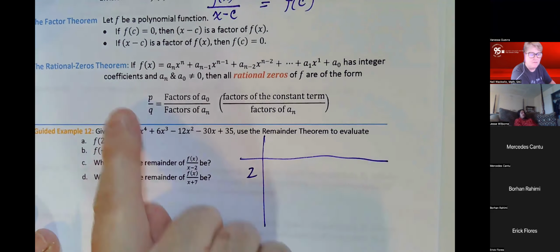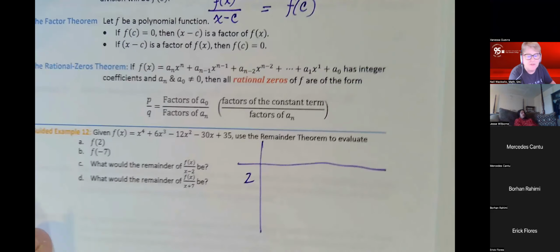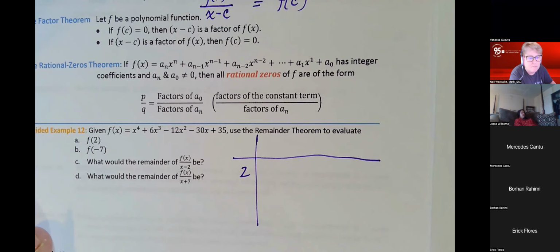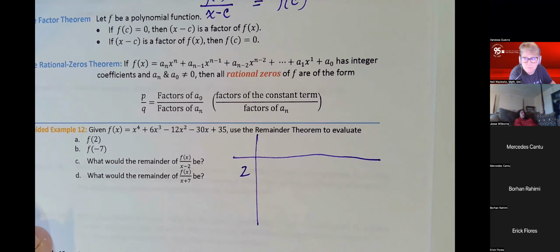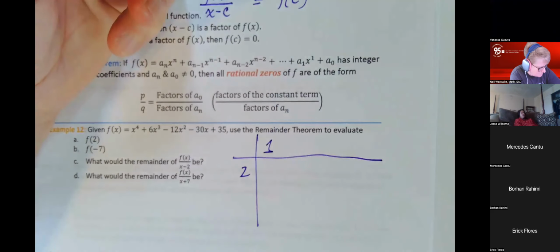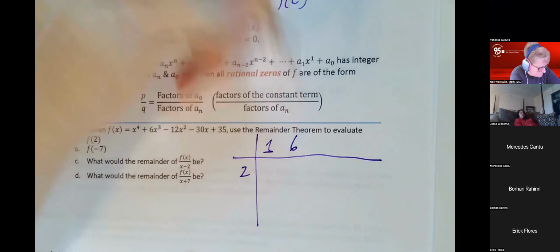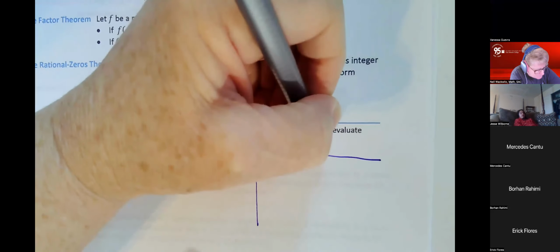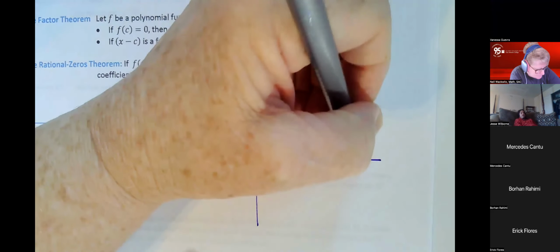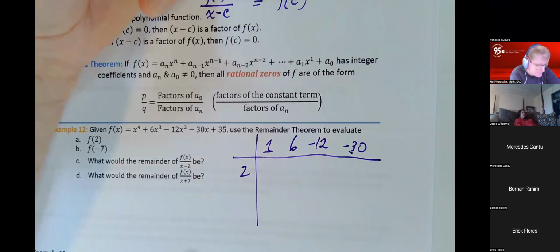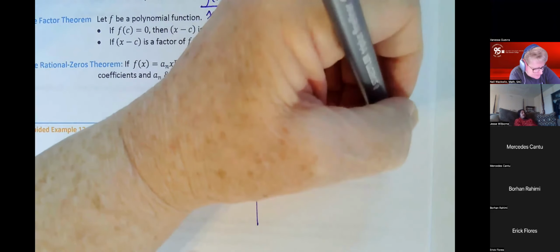Tell me how to find f of 2 using synthetic division. At the very top, you would put 1, 6, negative 12, negative 30, and 35. All right.